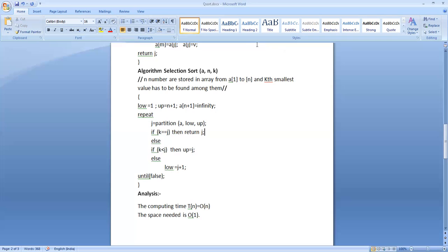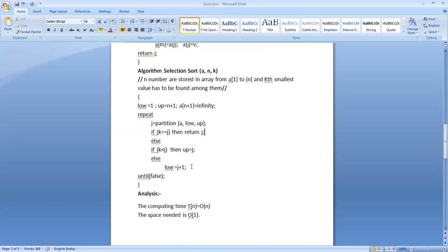Instead of finding the seventh smallest value, you have found the fifth smallest value, which means your seventh smallest value will be available from A[j plus 1] up to A[n]. That is why you should increase your low from 1 to j plus 1. Initially low is 1. This low should be increased from 1 to j plus 1. That is, you are reducing the size.